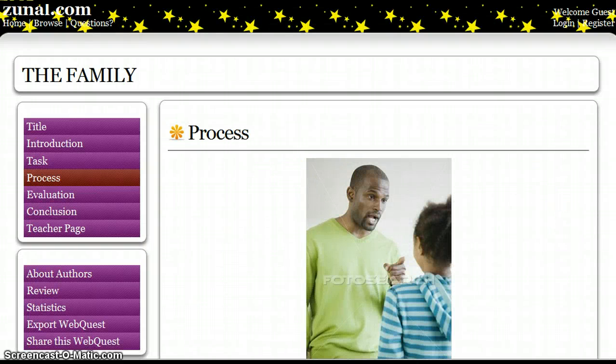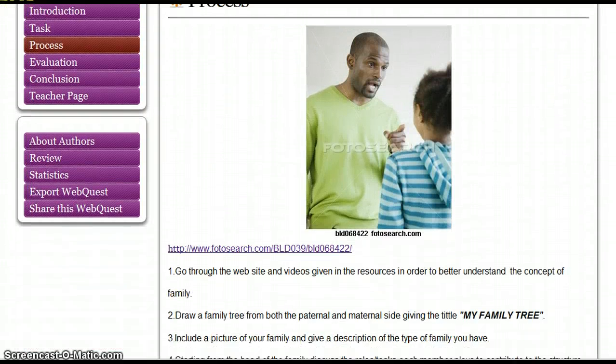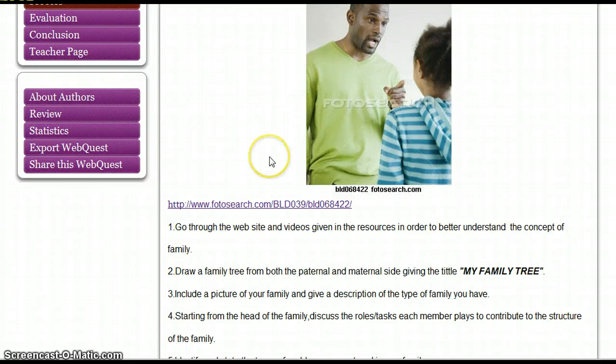In the process page, the step-by-step instructions for doing the activity are given. This breaks down the task into finer details so that the students are clear about what they have to do and they are not beating around the bush.